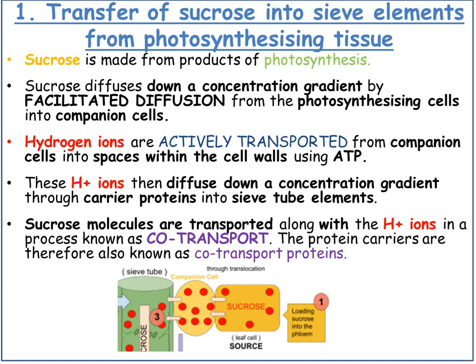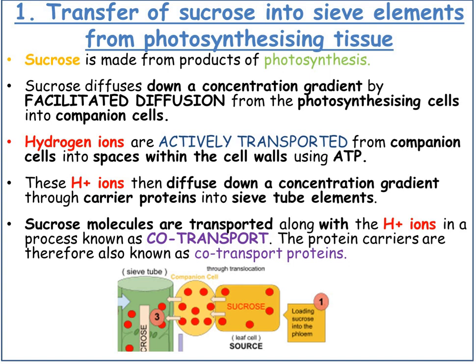So the first phase is the transfer of sucrose into sieve elements from photosynthesising tissue. So sucrose is made from the products of photosynthesis, and sucrose diffuses down its concentration gradient by facilitated diffusion from the photosynthesising cells into the companion cells.